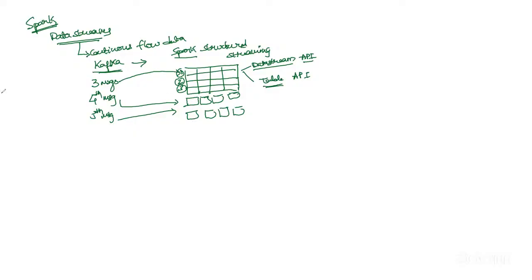Before this, we will just talk about a few things: how to handle the data streams. Data streams means the data that is continuously coming. That is streaming data. And we have batch data, the data that is static and not changing.